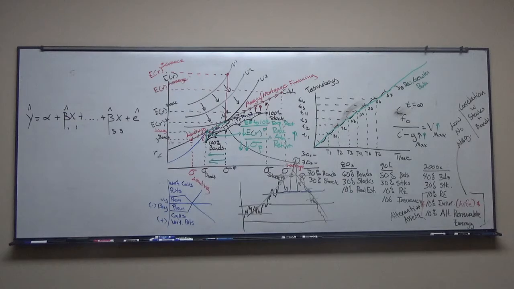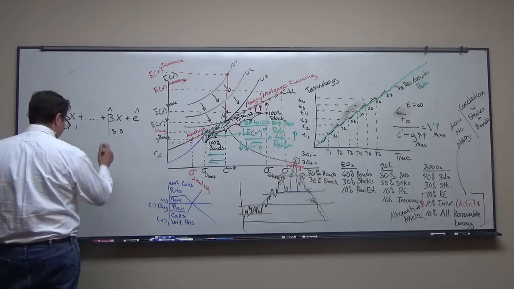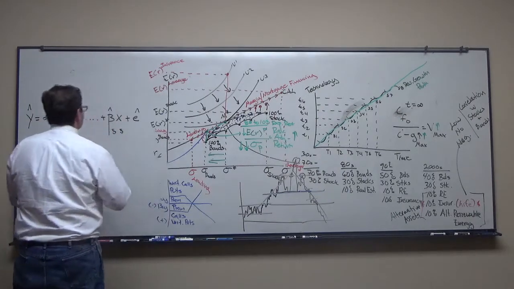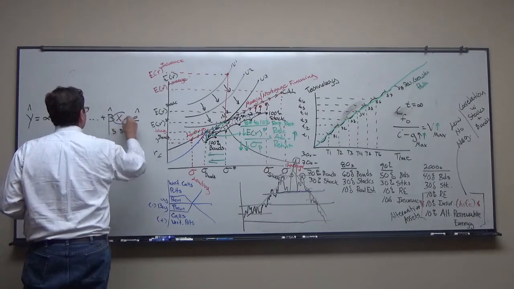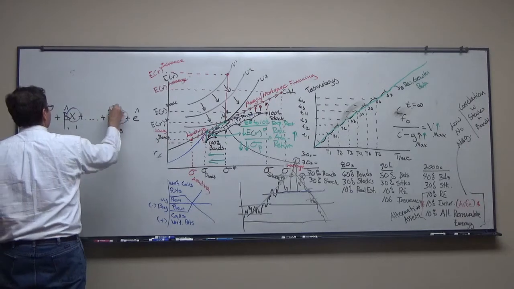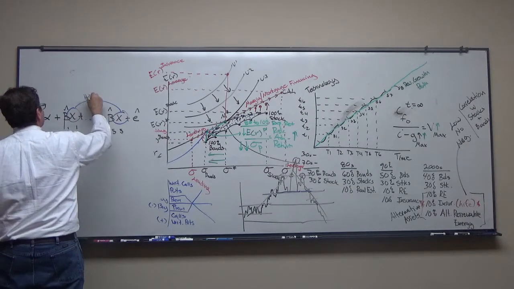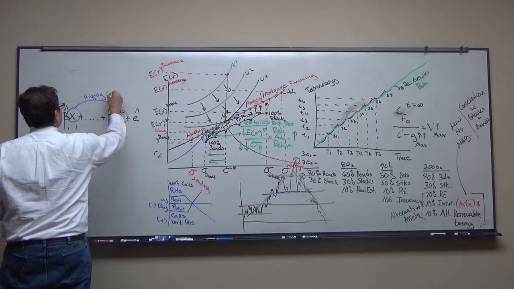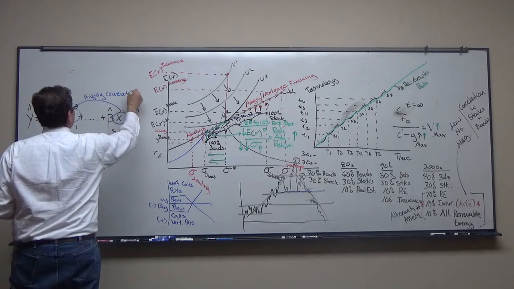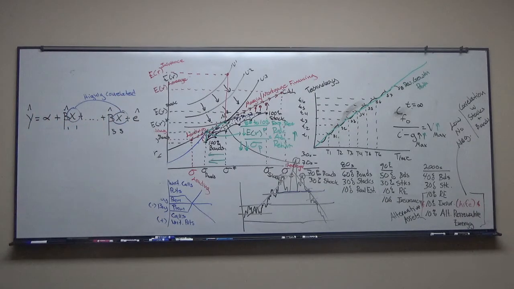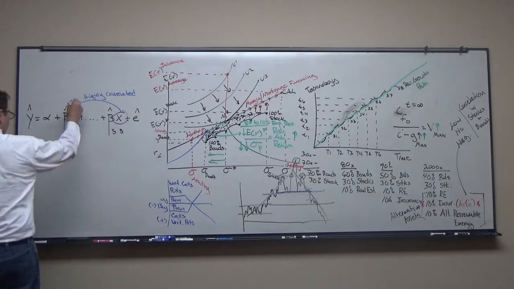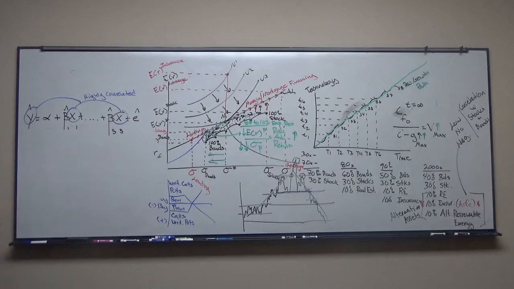So the question is, if I have 2 variables in my model, this one and this one, and they're highly correlated. I'm going to run a correlation coefficient on it. And they're highly correlated, they're also highly correlated to the dependent variable. So I don't need both of them, I only need one of them.